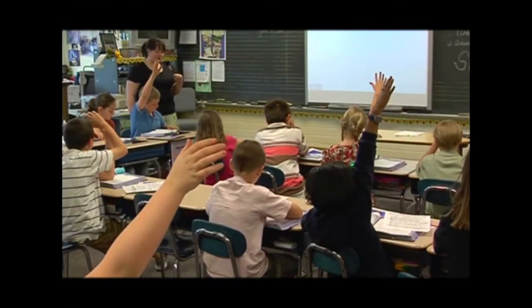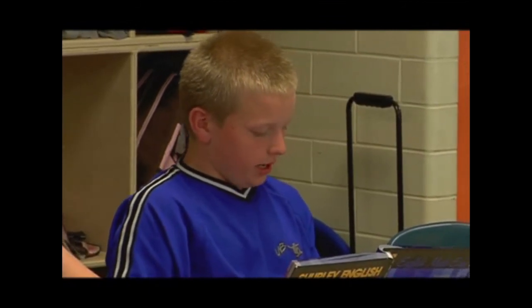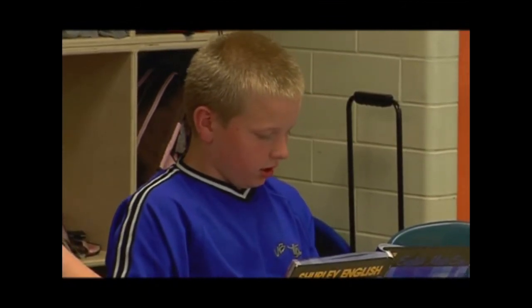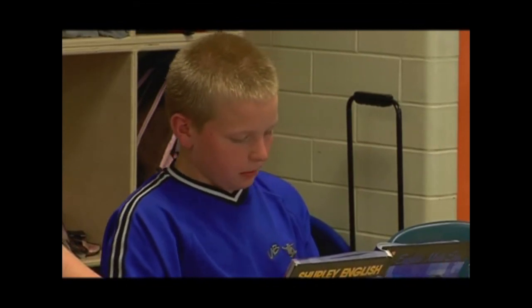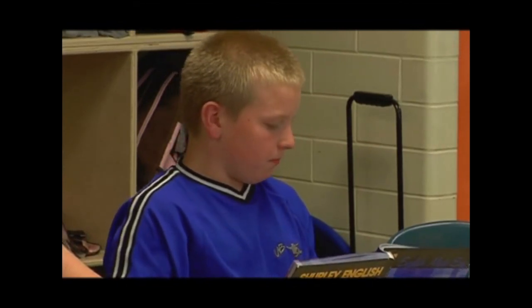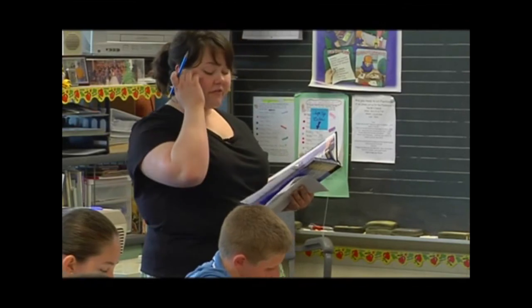Editing. Please read that for me, Gavin. Use the editing checklist to edit your writing for spelling, grammar, usage, capitalization, and punctuation mistakes. Reference 53, page 79. Number 5, final paper. What does that say, Levi? Use the final paper checklist to set up and write the final paper.